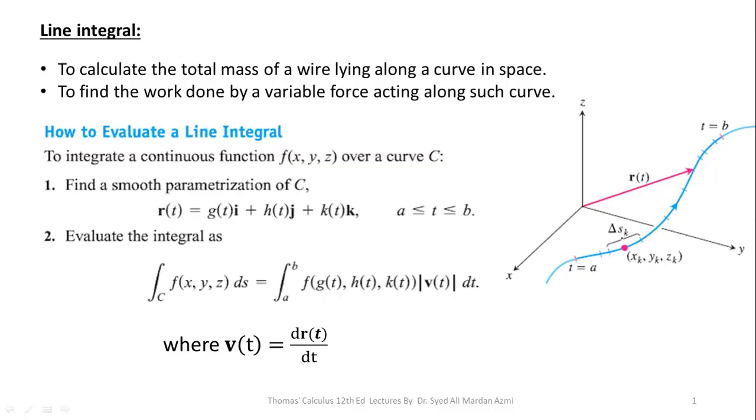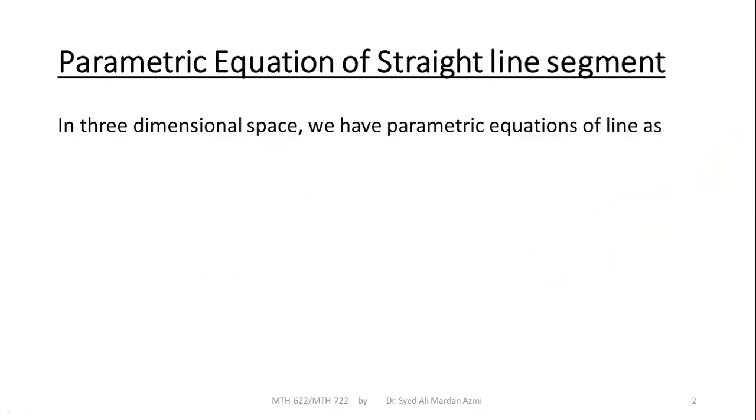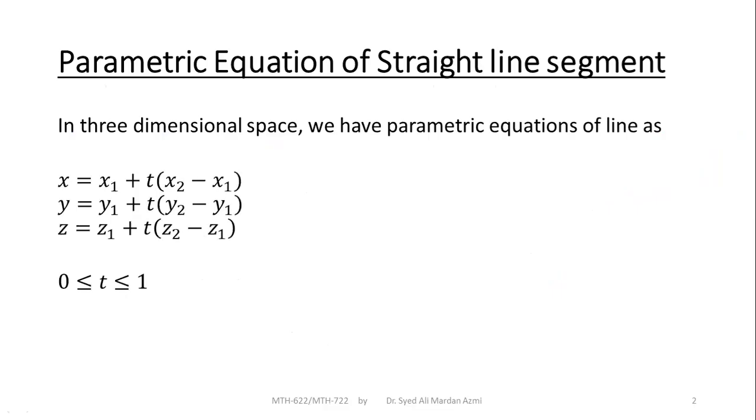Since we have to calculate line integrals, we must know the parametric equation of a straight line, because straight lines are widely used in this concept. What is the equation of a straight line in parametric form in three-dimensional space?